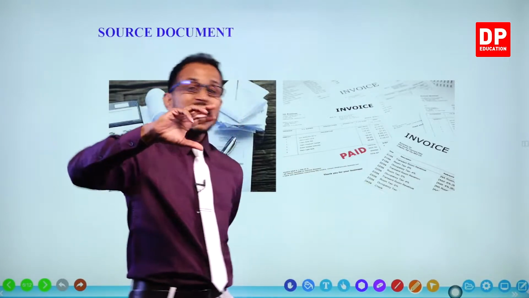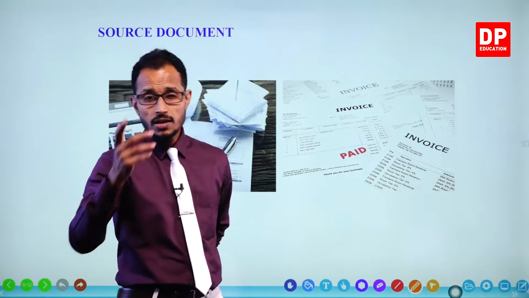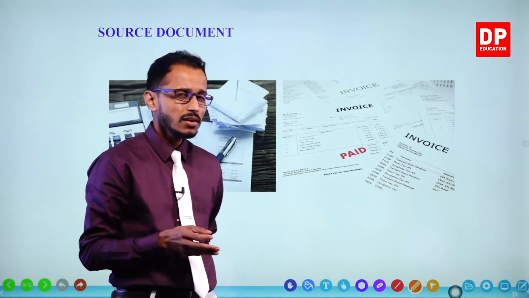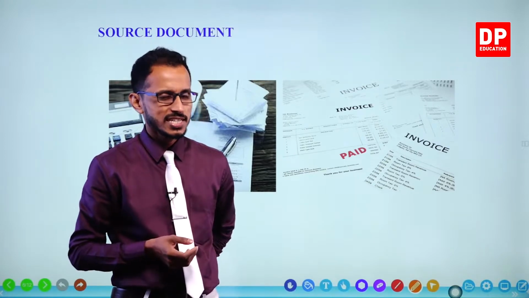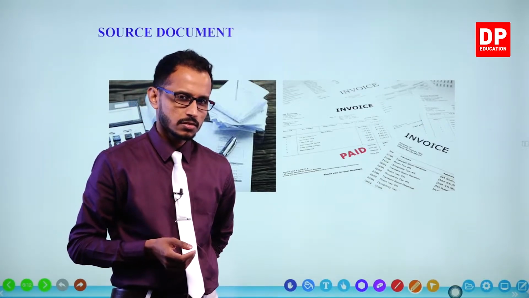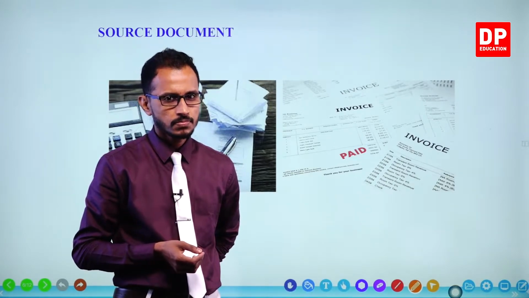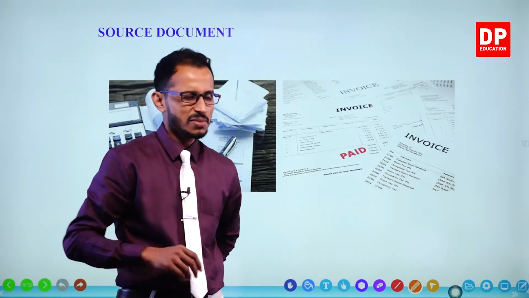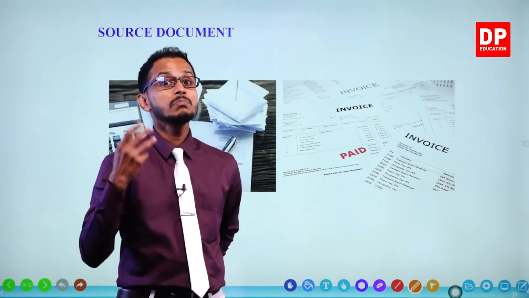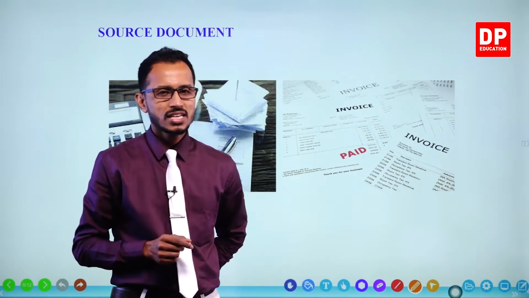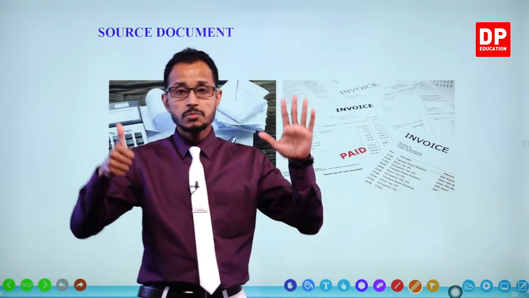When I ended the previous session, I told you there are some other documents needed to prepare the prime books. We say prime books, prime entry books, subsidiary books. All names are used for the same set of books, the 6 prime entry books.